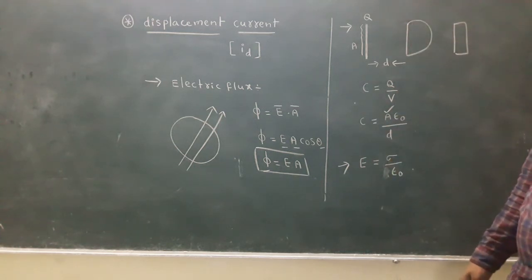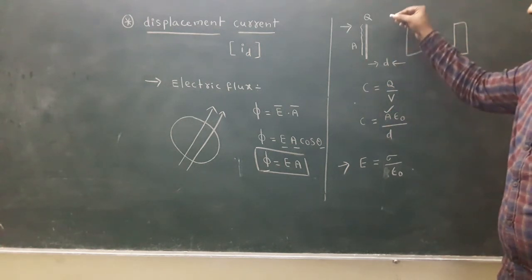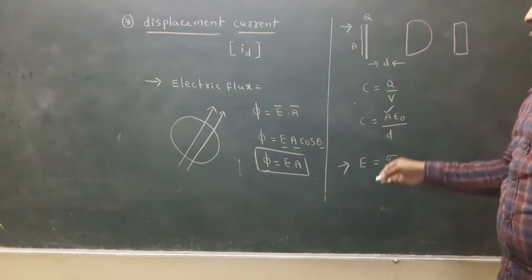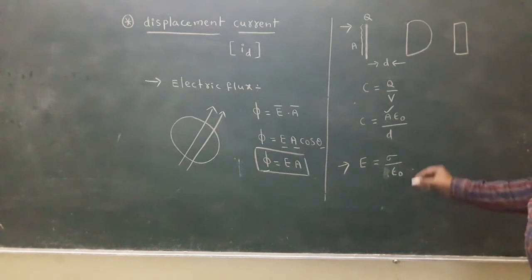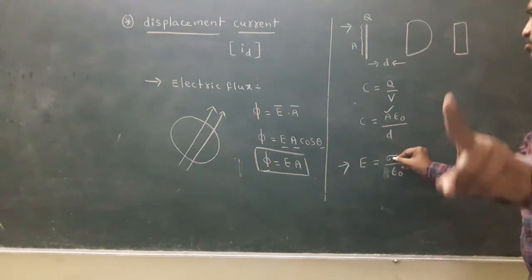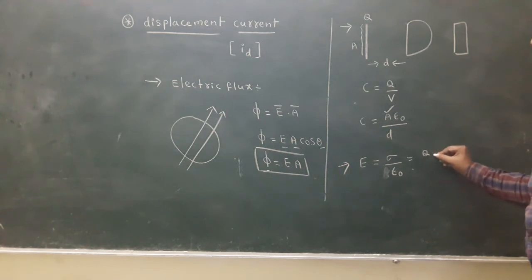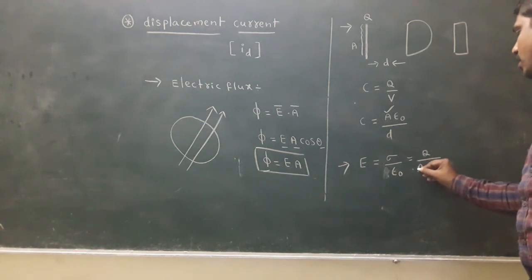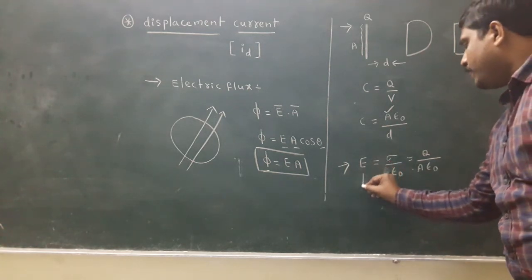Both add to sigma by epsilon naught. What is the electrical field between the plates of a capacitor? Sigma by epsilon naught. Sigma is called surface charge density, simply charge by area.